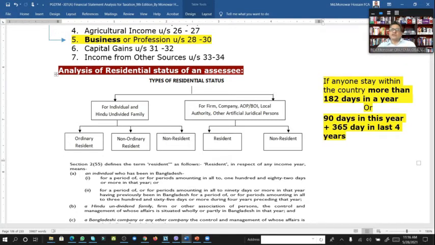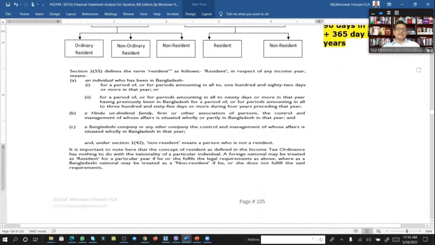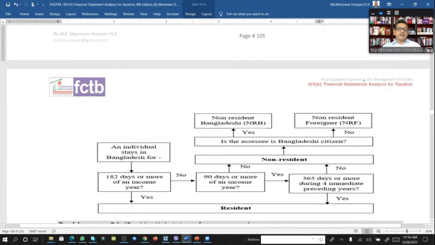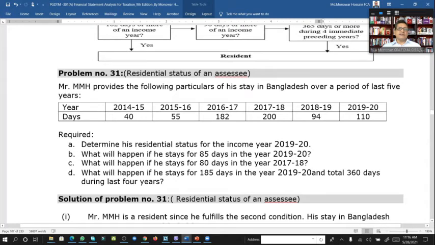So if the doctor is within the country 190 days, then he is a resident of that country. So he has to file tax and submit the return. This is the logical thing here, just a simple understanding.